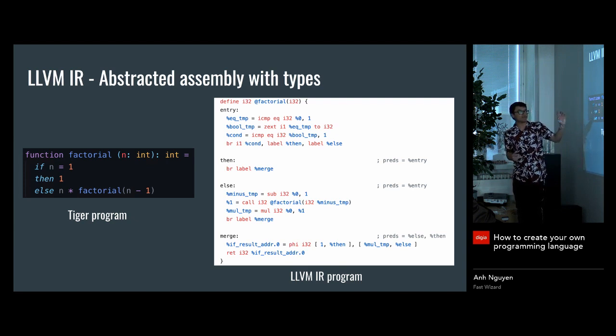If the condition is true, then it jumps to the loop, and at the end of the loop, you jump back to the test in order to test the condition again. And if it's false, then you jump to the end block, which executes other instructions not in the loop.